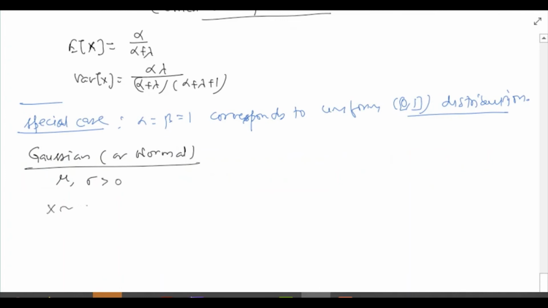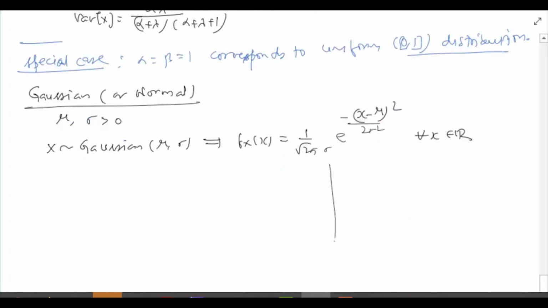We say that X is Gaussian distributed or normal distributed with parameters mu and sigma if it has probability density function f_X(x) equal to 1 over root 2 pi sigma e raised to minus (x minus mu) whole square divided by 2 sigma square for all x.